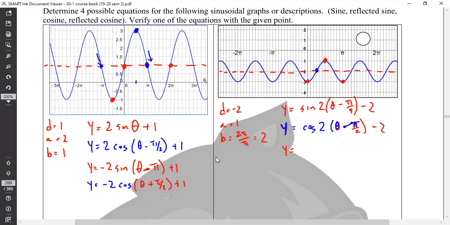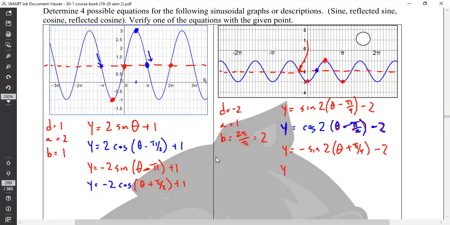And then if I have my negative sine, what does negative sine look like? My start point for negative sine is right there, halfway up the wave, but going downhill. So this ends up being theta plus pi quarters.